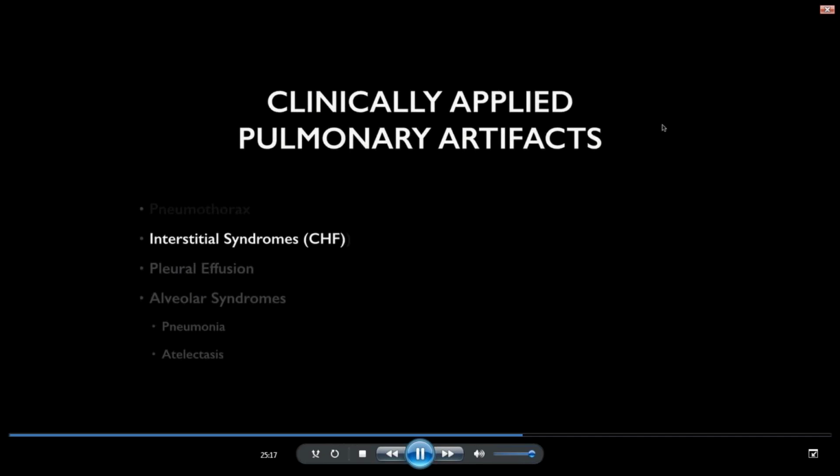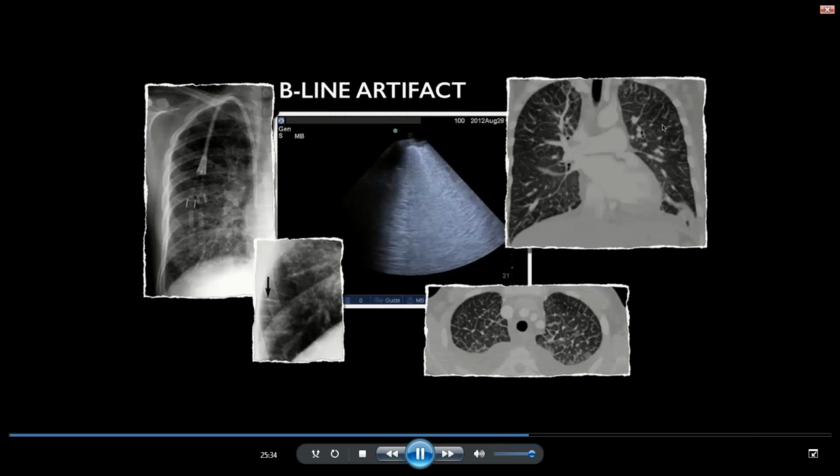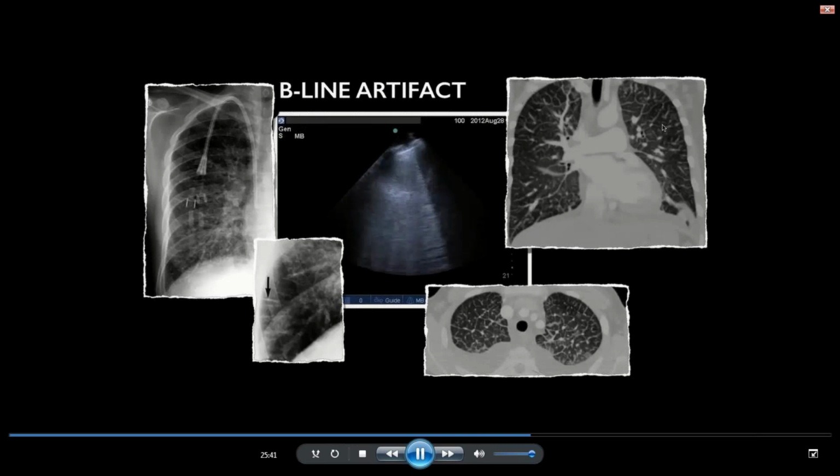So how can ultrasound help us in ruling in interstitial syndrome such as CHF and differentiating it from other potential conditions that can cause similar presentations such as COPD? And in these cases, what we want to capitalize on is trying to look for the predominant pattern in the lung.